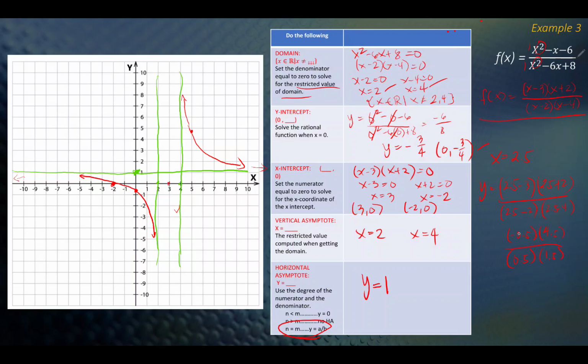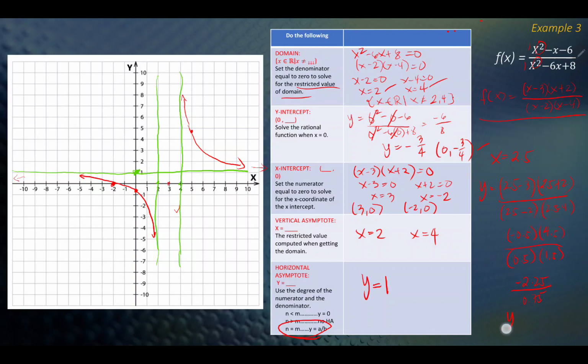So, kung i-multiply natin itong negative 0.5 by 4.5, that's negative 2.25. All over 0.5 times negative 1.5, that's negative 0.75. So, negative 2.25 divided by negative 0.75, that's 3.